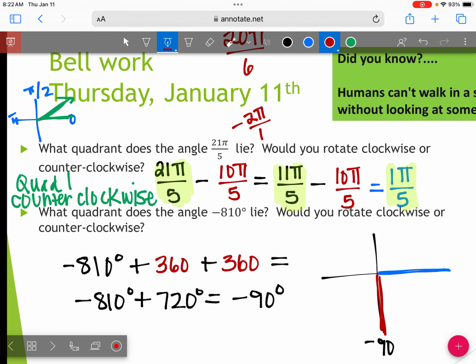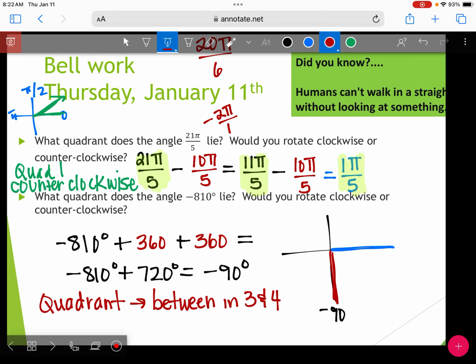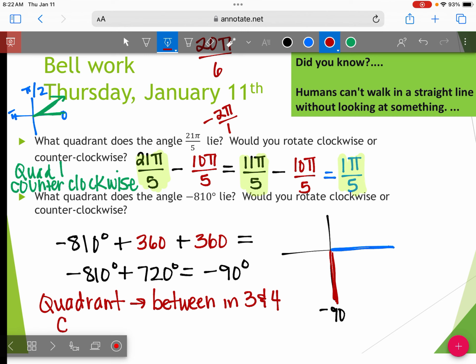So when that happens, it is not in a quadrant. It's in between quadrants 3 and 4. And to get there, we have to rotate clockwise.